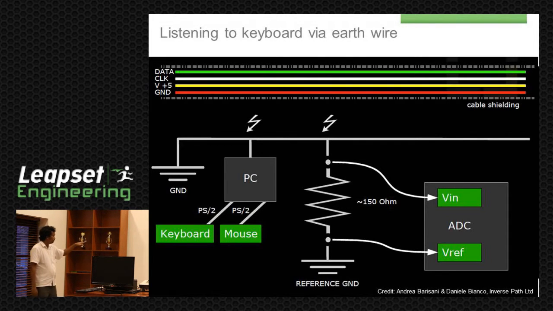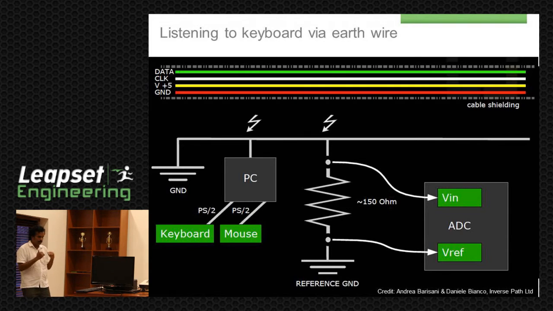What they do is, they create another reference ground and connect a resistor to this earth wire. So this reference ground is also at voltage 0. The earth wire is also at voltage 0. Then through this resistor there can't be any voltage, right? According to theory. But that's not the case. There are other theories that we have forgotten.